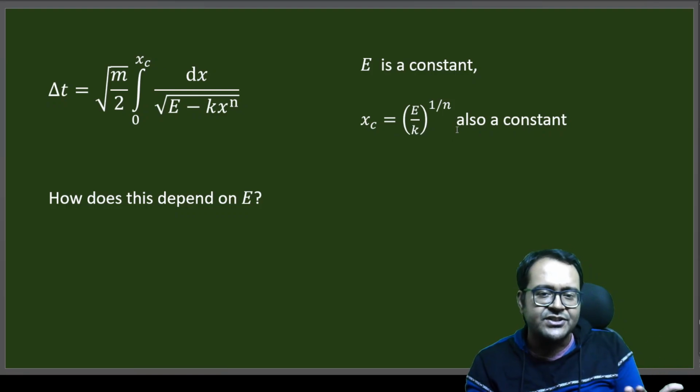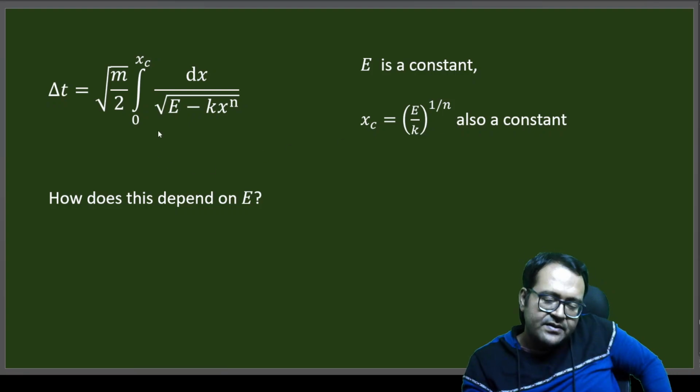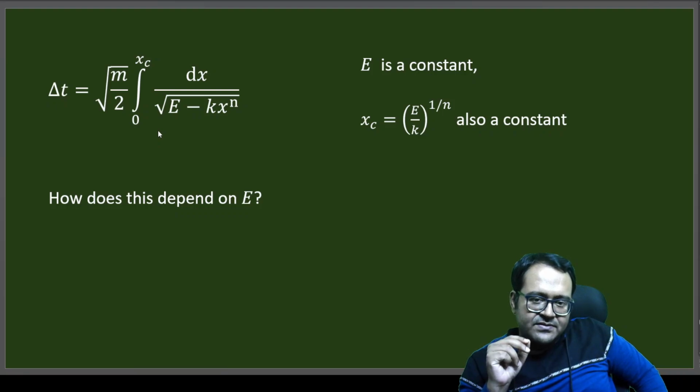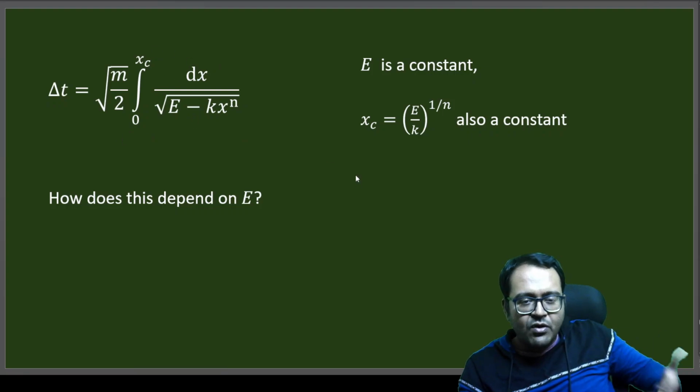How does this integration depend on e? Can you say it without solving that integration? Think about it for some 30 seconds. If this integration is to be evaluated, the result delta t will surely have some dependence on e, and can we extract that information, how this integral depends on e, without solving it?